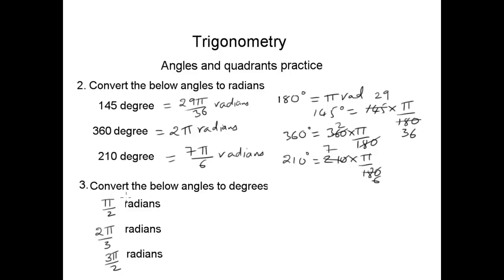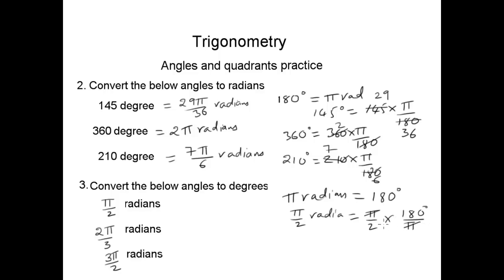Now the third question is to convert the below angles which are in radians to degrees. Pi by 2 radians. So now it's the other way around. So we know that pi radians is equal to 180 degrees, right? How many would be pi by 2 radians? So pi by 2 radians would be pi by 2 times 180 degrees over pi.